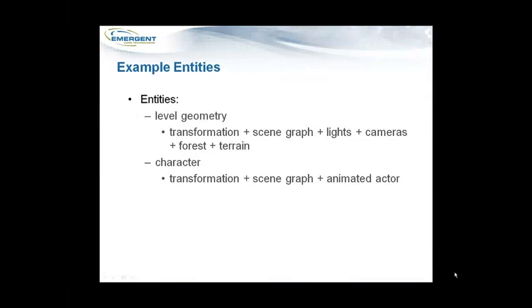An entity that held a character would have a transformation, a scene graph for that character's geometry, and bones and skinning data, and an animated actor, the KFM that has all the character's animations and how those tie into the bones and the skinning. You can find plenty of examples of this in the EGT path samples, models, scene designer examples. And all of those examples can be loaded into Scene App, our shell application that loads entity system data files.